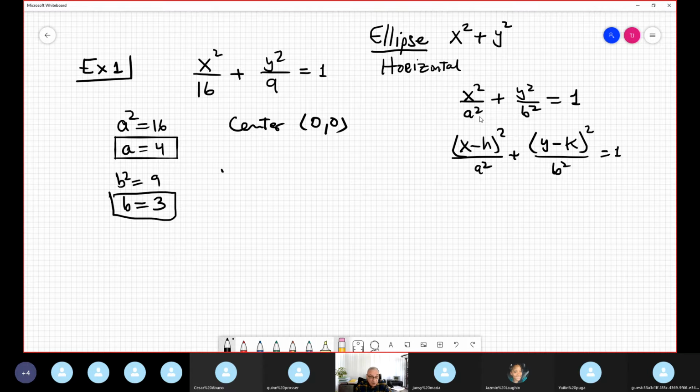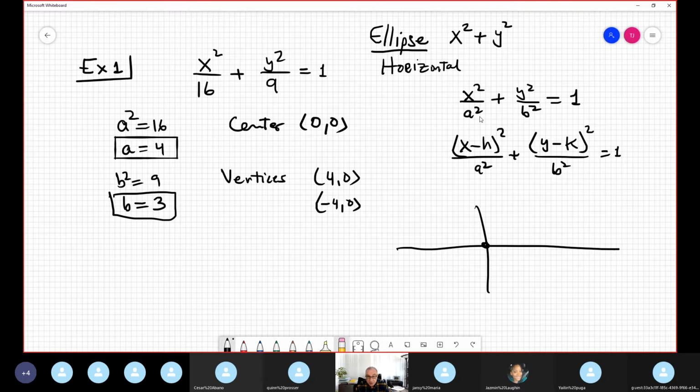Well, the vertex, yes, it's clear. The vertices of this ellipse are located at the points 4,0 and negative 4,0. So they're on the x-axis, with the center. Let me make a rough sketch. This is my center, 0,0. I know that my ellipse looks like that, and the vertices are this point and this point.